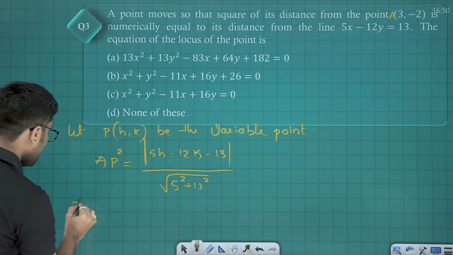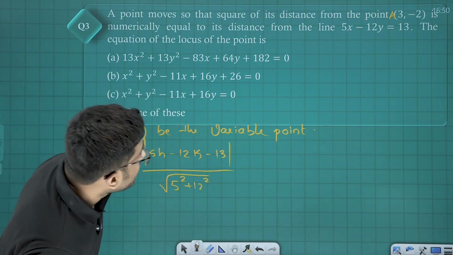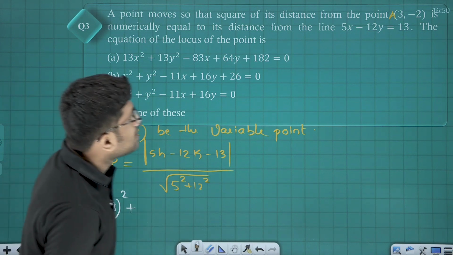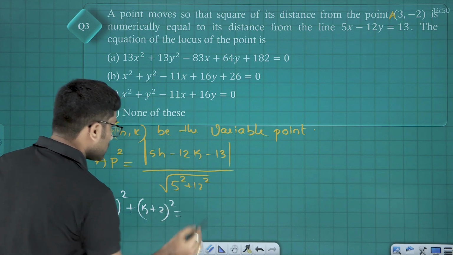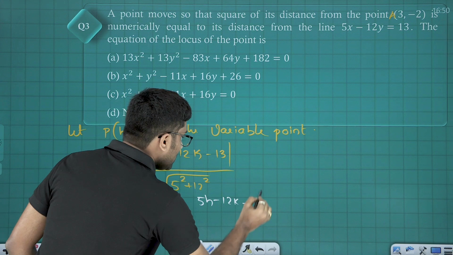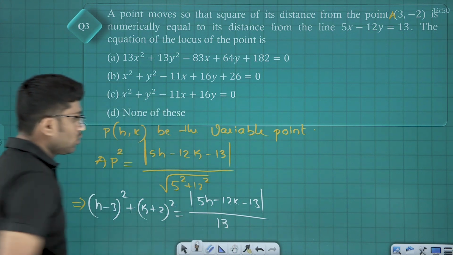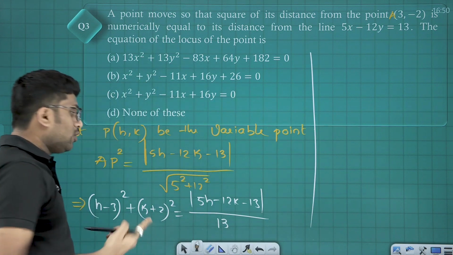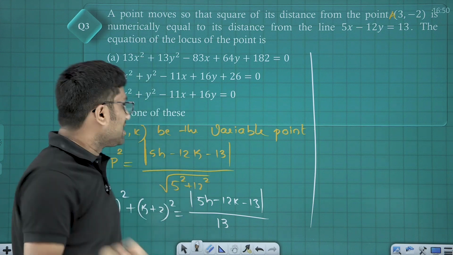So finally AP square is h minus 3 whole square plus k plus 2 whole square is equals to mod of 5h minus 12k minus 13 divided by root of 5 square plus 12 square, which is root 169, which is 13. So finally now to get the locus, what to do? We replace x comma y in place of h comma k.